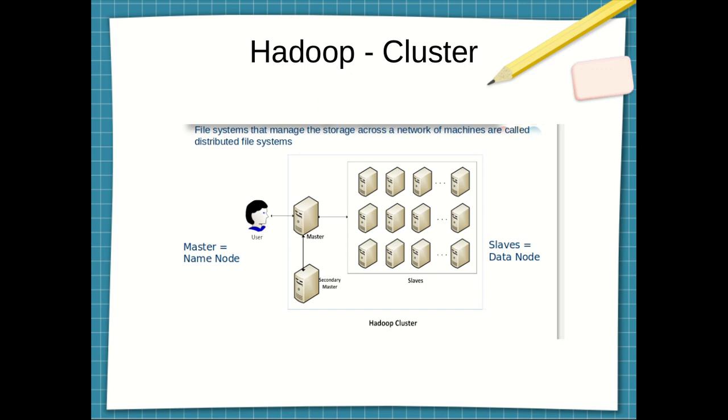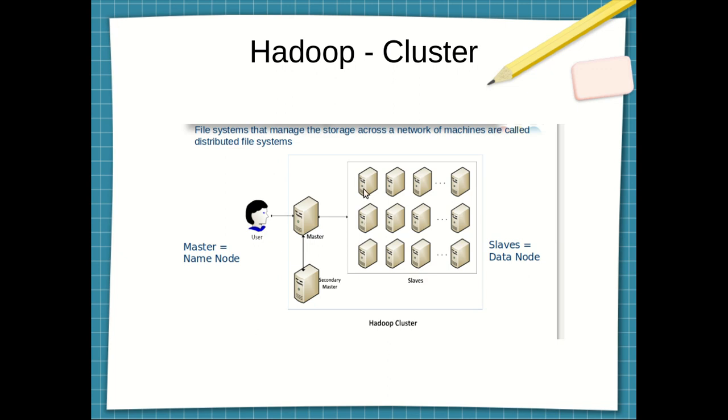So this is the picture of a cluster, and we are going to discuss it in more detail here. A Hadoop cluster is built of two things: the master or name node, and the slaves or data nodes. Slaves are nothing but different computers.